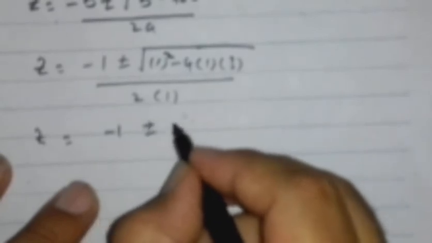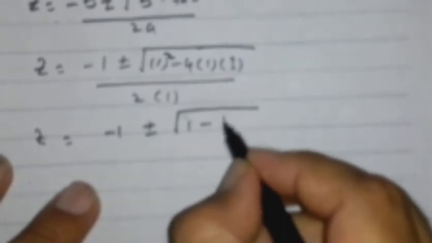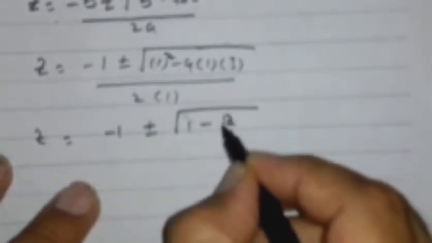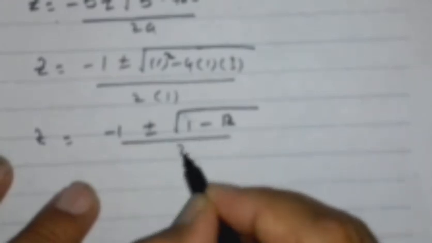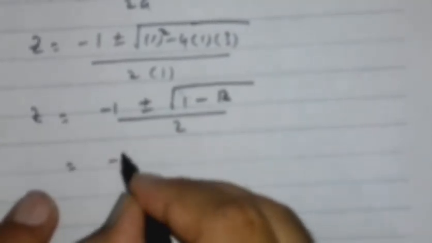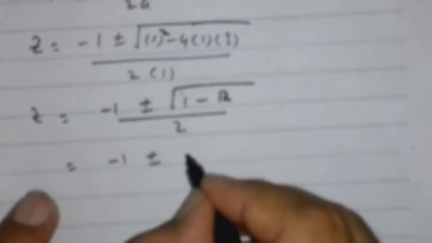Z equals minus 1 plus minus under the root 1 square 1 and minus 4 3s are 12 divided by 2, minus 1 plus minus under the root minus 11 divided by 2. Z equals minus 1 plus minus under the root 11 into under the root minus 1.